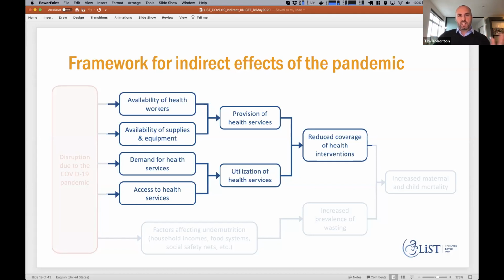The reason we did that is because we could arguably have just said, well, we expect that coverage will reduce by 20% or by something. I think by opening it up and breaking it apart into health system components, our goal was really to show that a reduction in any one of these things will contribute to reduced coverage, but also that even if you have a few smaller reductions across all of these components, it could combine to give more of a moderate or large reduction in coverage.